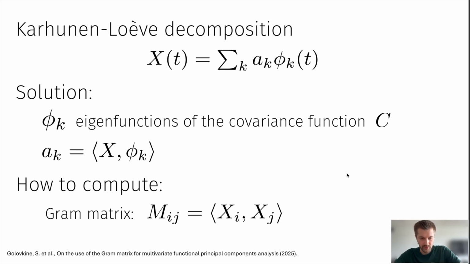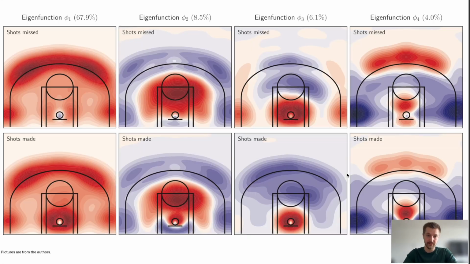So the idea was to replace this estimation by computing what we call the Gram matrix, which is a matrix defined as the inner product between the observations, and this inner product is very easy to compute in that case, because it's just an integral between the data. And then you can show that the eigenvectors of the Gram matrix are related to the eigenfunctions of the covariance function.